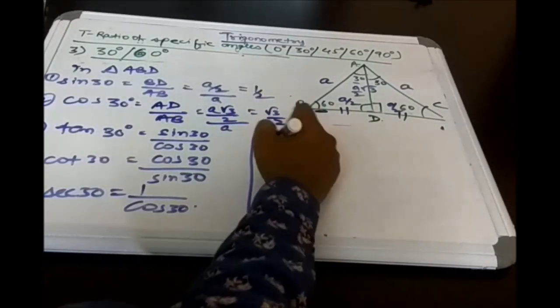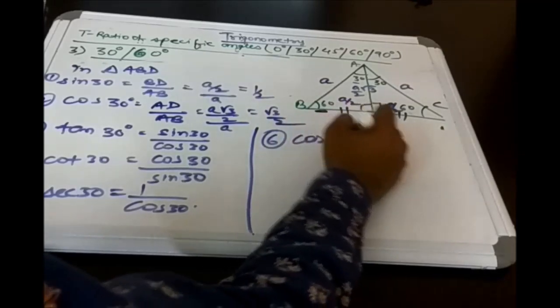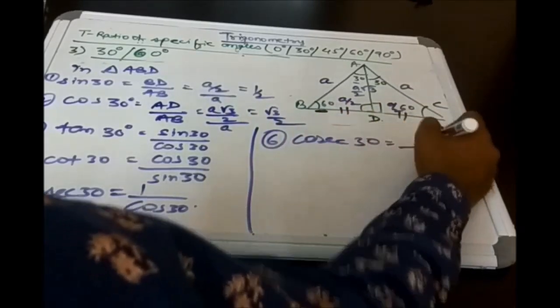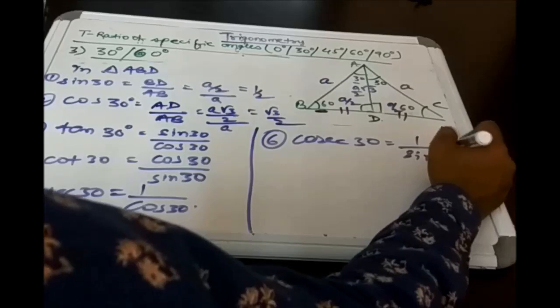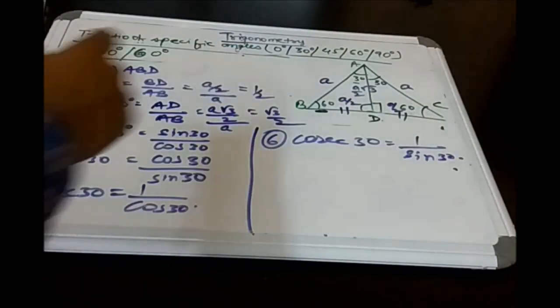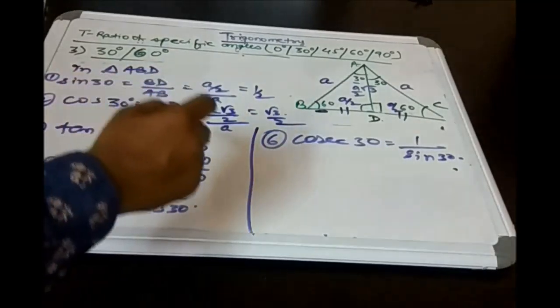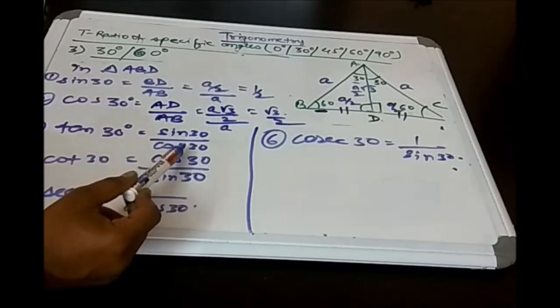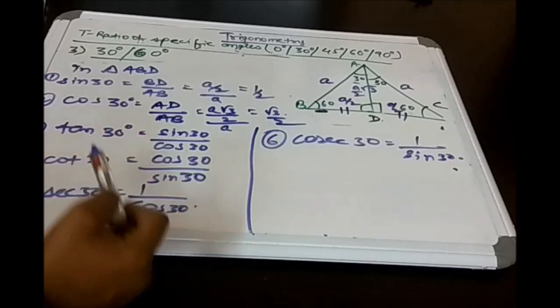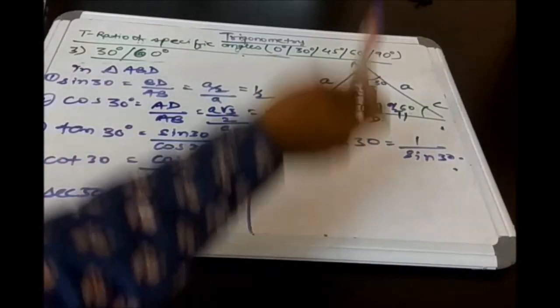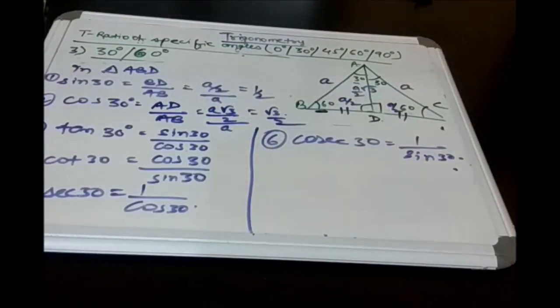Similarly, the value of cosec 30. Cosec 30 will be 1 by sine 30. It is very easy because sine 30 and cos 30 value is already derived. So you can easily substitute the value of sine 30 degree and cos 30 degree in the further equations, and you can derive the value of tan 30, cot 30, sec 30 and cosec 30 degrees.